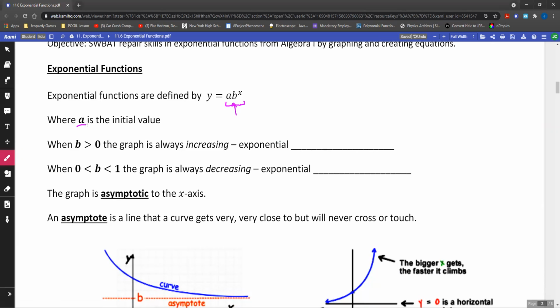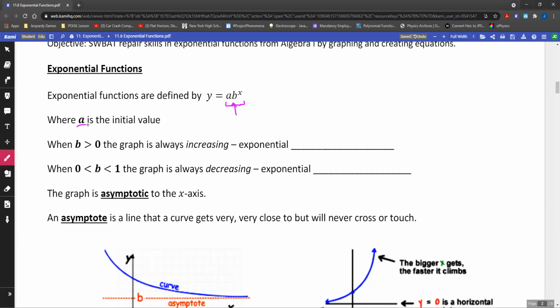So if our question starts with some initial population or initial value of money, that goes in for a. b ends up being the rate at which it's going to be changing.